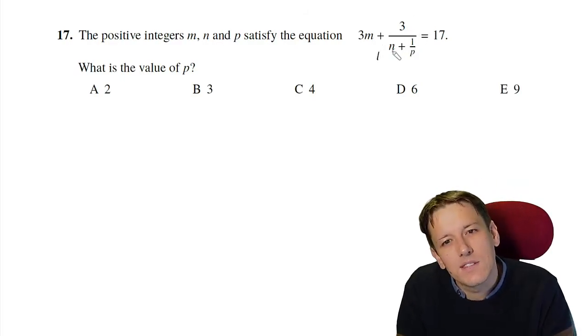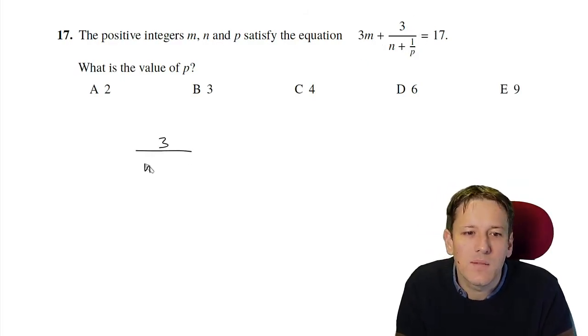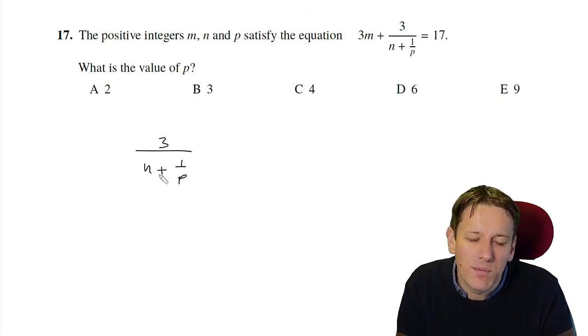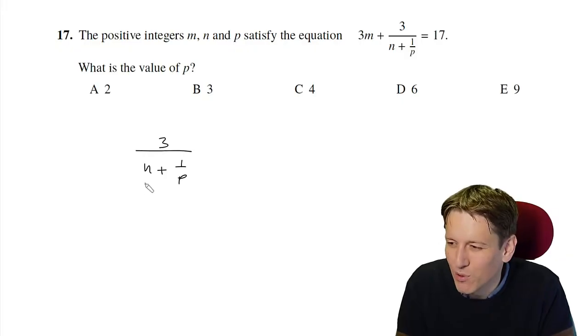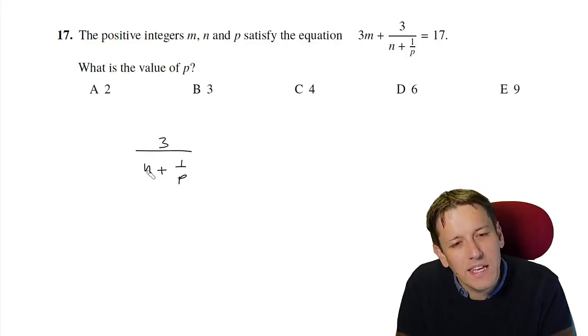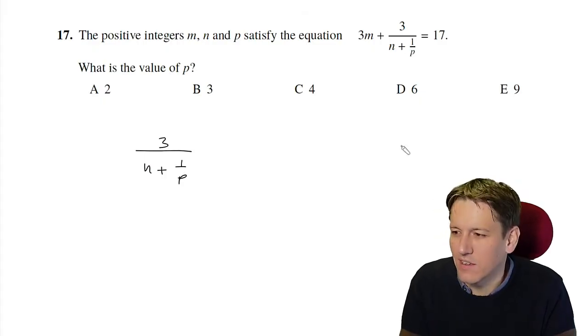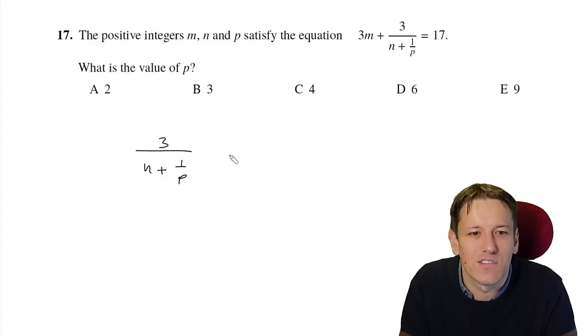So if I'm going to do 3 divided by n plus 1 over p, these have both got to be positive integers, right? And this overall thing has to be an integer. So, like, if I make n 2, 3 over 2 plus something is not going to be a whole number.